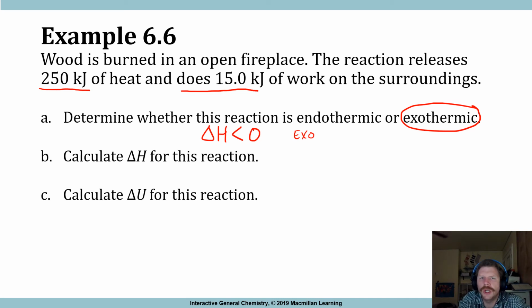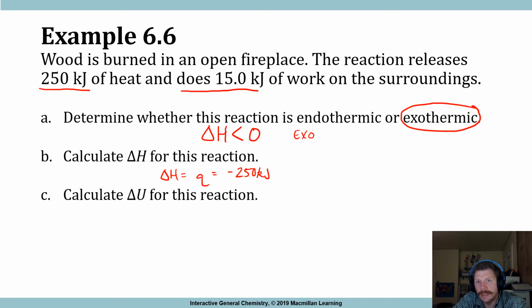Now B. Our change in enthalpy, our delta H for this reaction. Well, we've got an open system here. So our delta H is equal to Q, which is equal to negative 250 kilojoules. And what I did there, this is kind of subtle, but I took the description here and translated it.